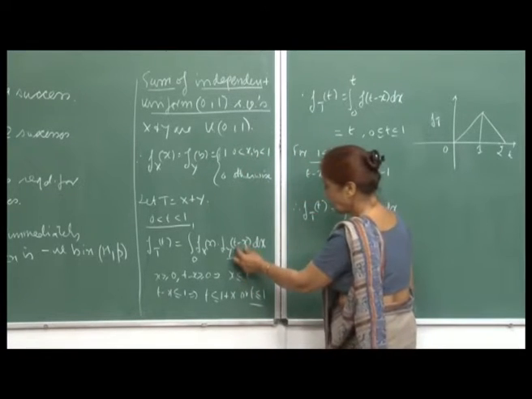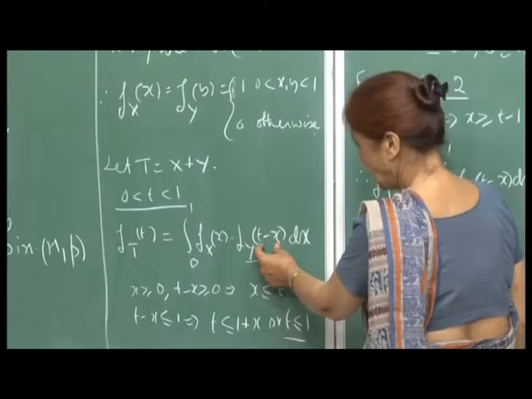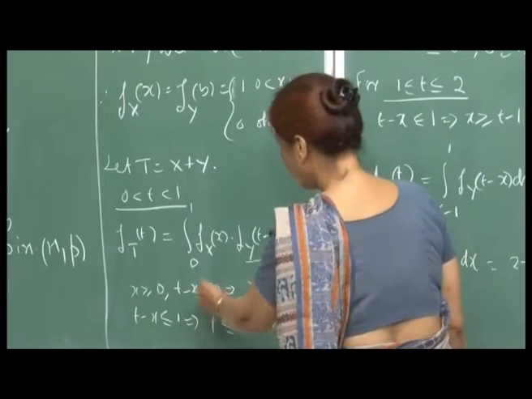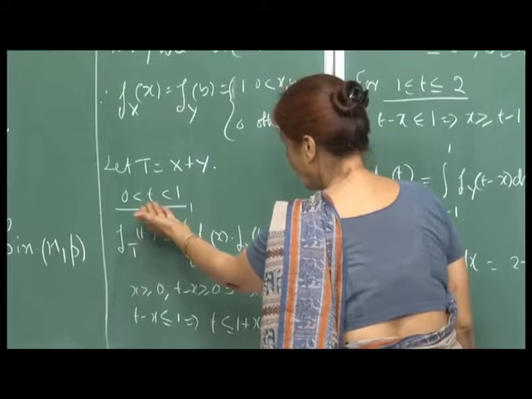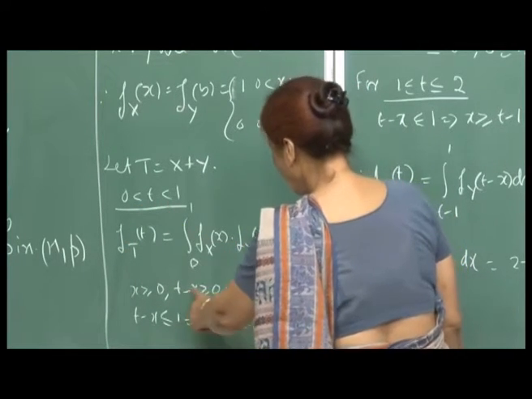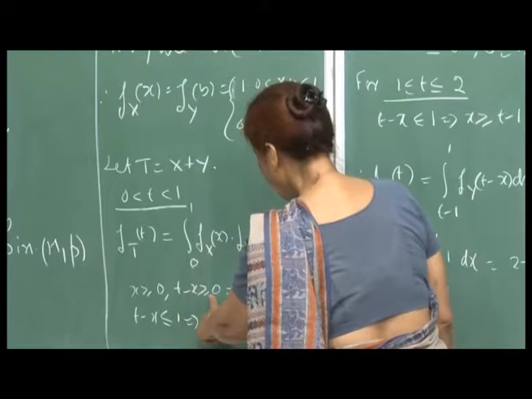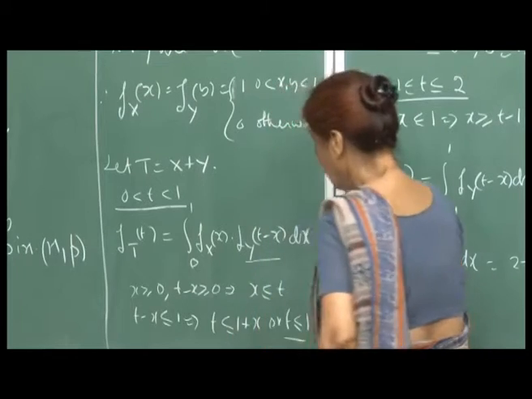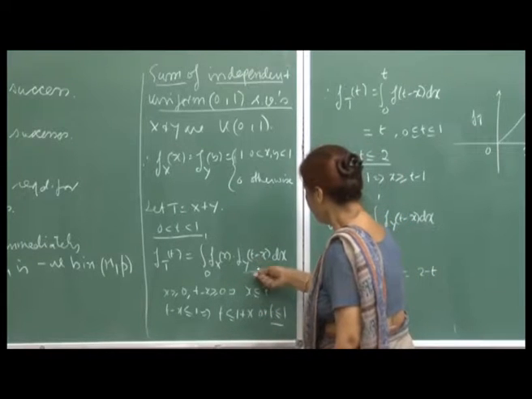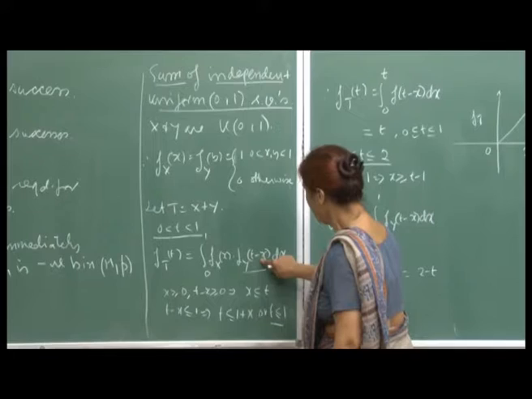So my t minus x also should vary between 0 and 1, and therefore I have to do this computation first for t between 0 and 1, because t minus x greater than 0 implies that x is less than or equal to t.